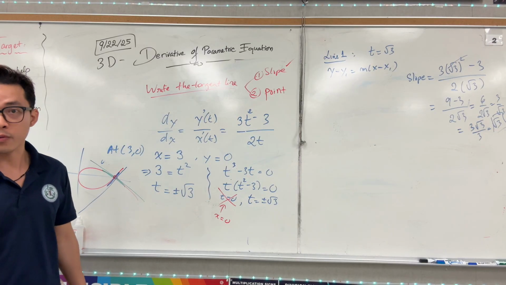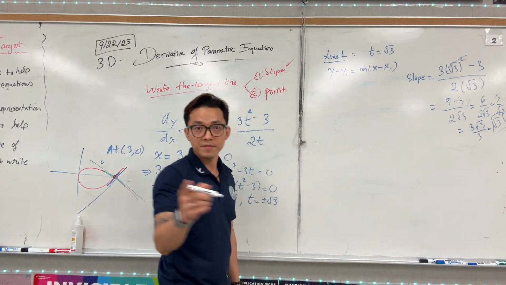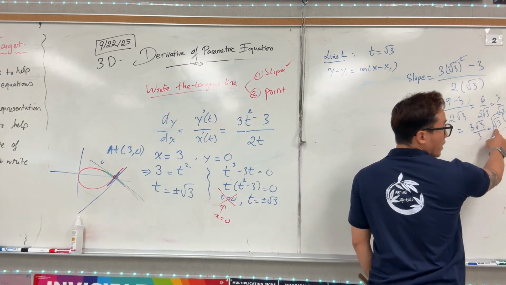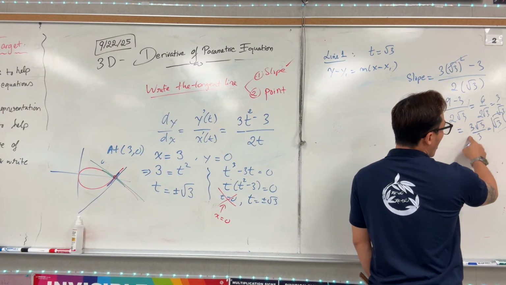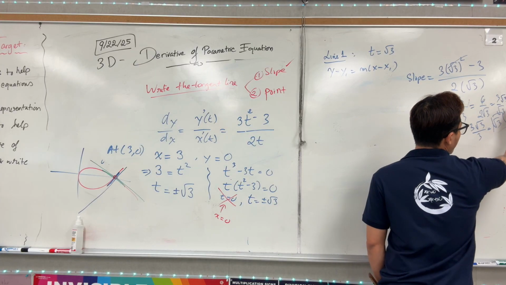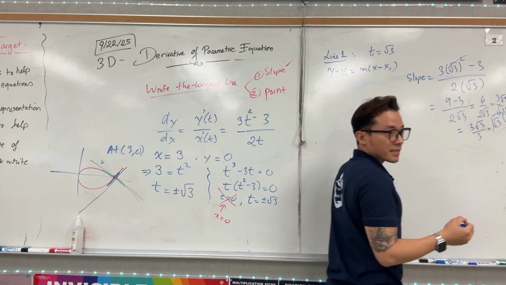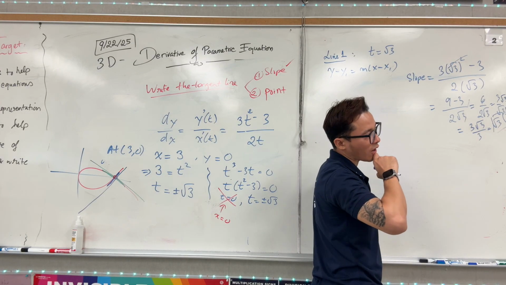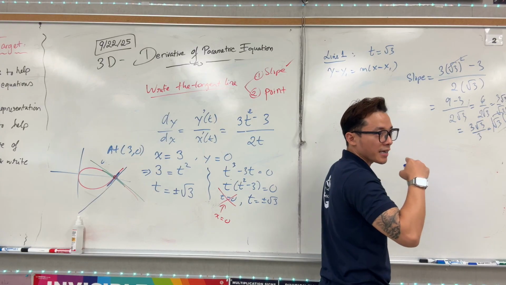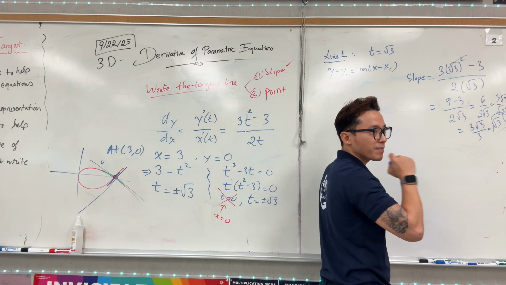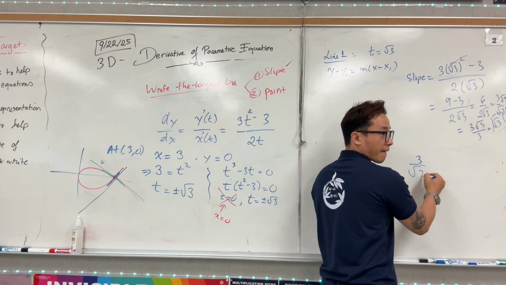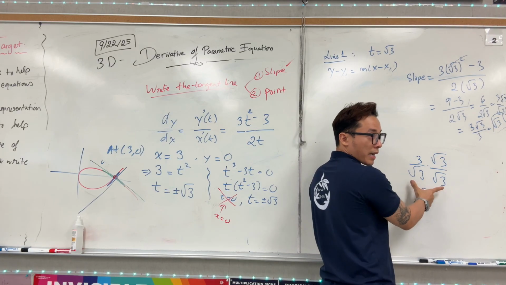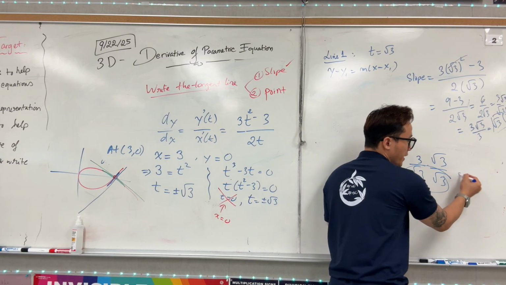Okay, you got the slope, you got the point. Now you can write. Yeah, question. Where did you get that 3 when you were solving? I multiplied both numbers by square root of 3. I rationalized it. Remember how we learned it in the homework? You multiply the same thing because square root of 3 times square root of 3 is 3.